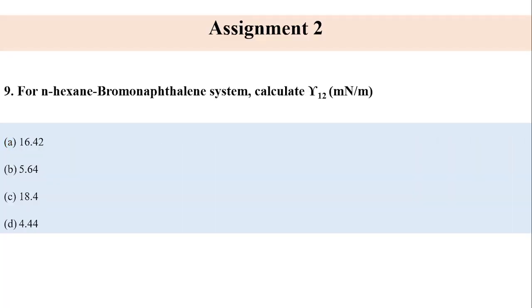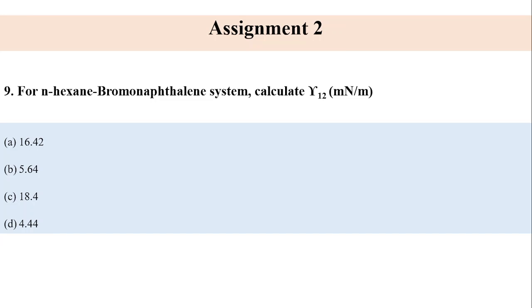For the first question, for the N-hexane bromonaphthalene system, calculate the interfacial tension between these two, that is gamma 1,2, in millinewton per meter.